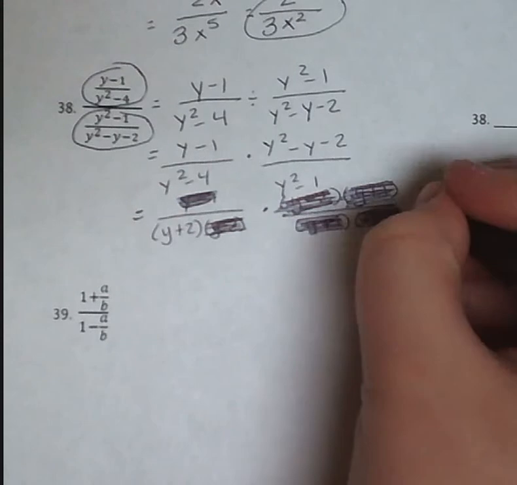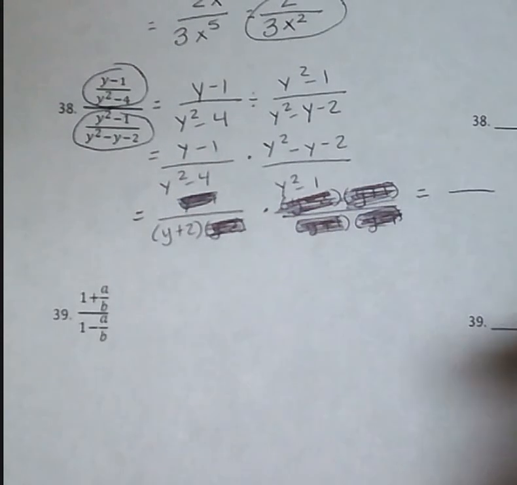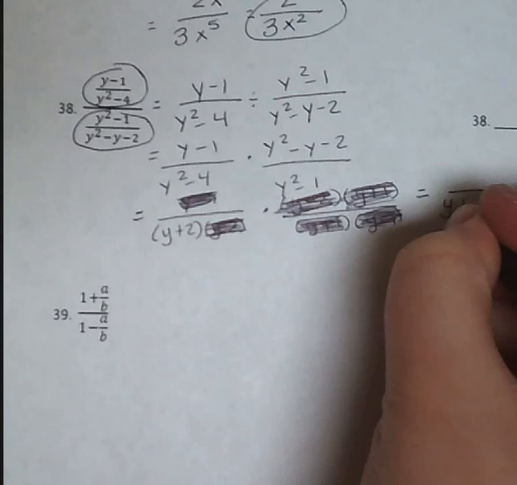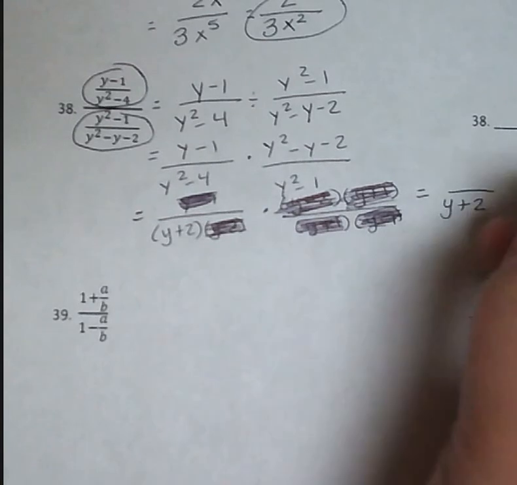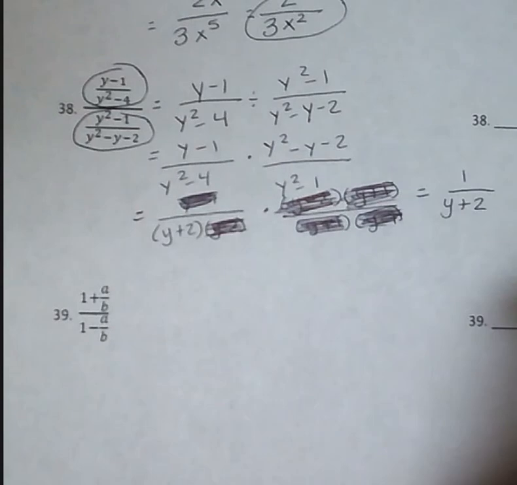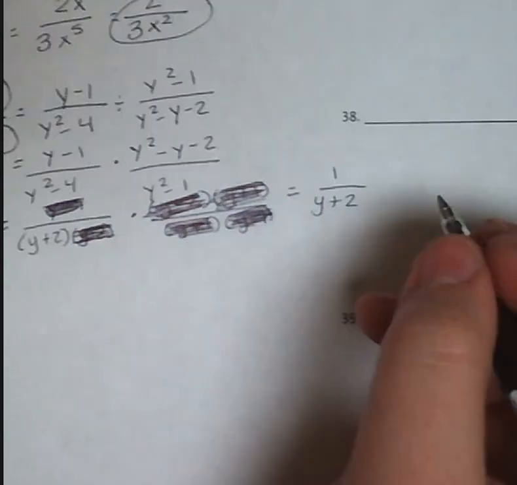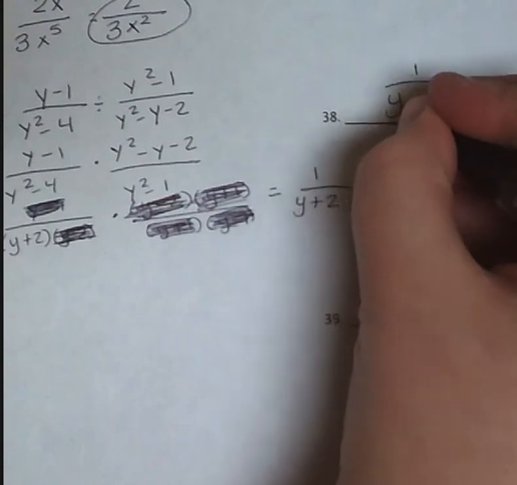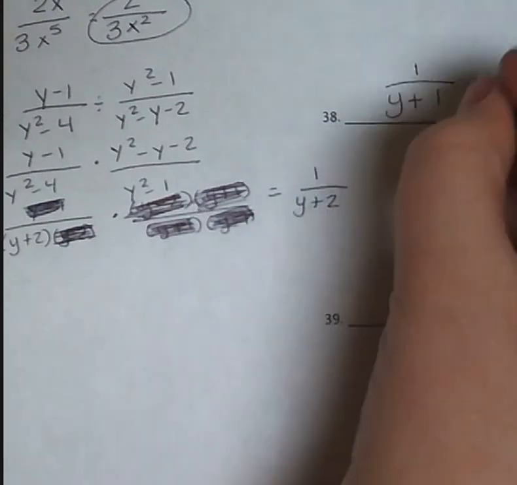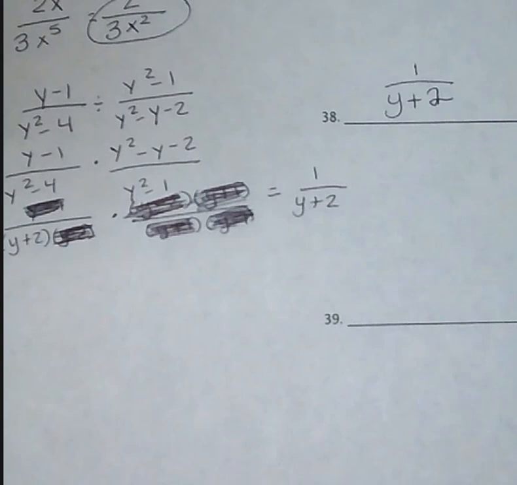Notice you have nothing else in your numerator, but you have a y plus 2 in the denominator. Do not say your answer is y plus 2. Your answer is 1 over y plus 2. You cannot just leave that numerator blank. You have to put something there, so that something is always going to be a 1 if it's blank.